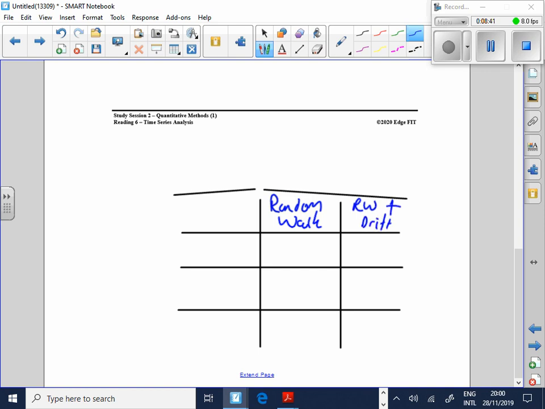Random walk: my B0 is equal to 0. Random walk with a drift: it does not equal 0. My B1 is equal to 1 for both. It's as simple as that, guys. Sometimes it's easier to see in a bit of a graph, a table form. You comfortable with that? And let me add in another one.